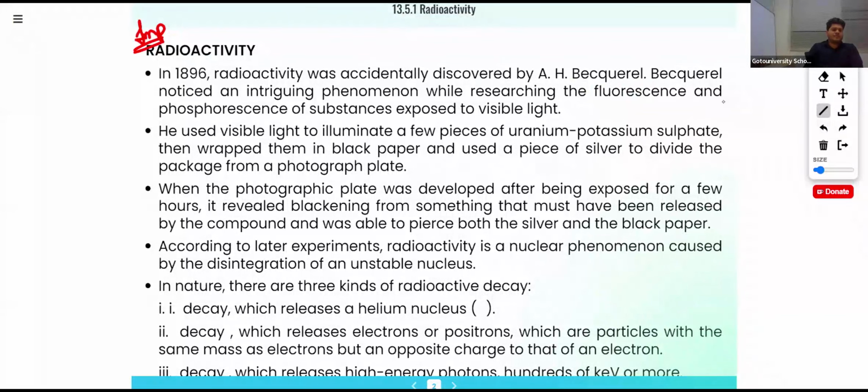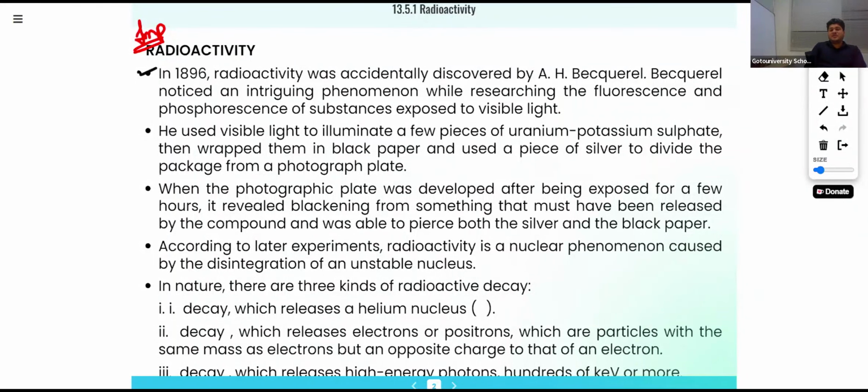In 1896, radioactivity was accidentally discovered by Henri Becquerel. Becquerel noticed an intriguing phenomenon while researching the fluorescence and phosphorescence of substances exposed to visible light.